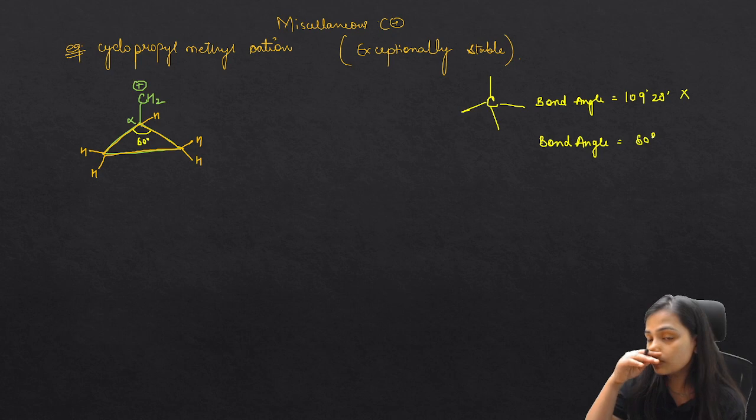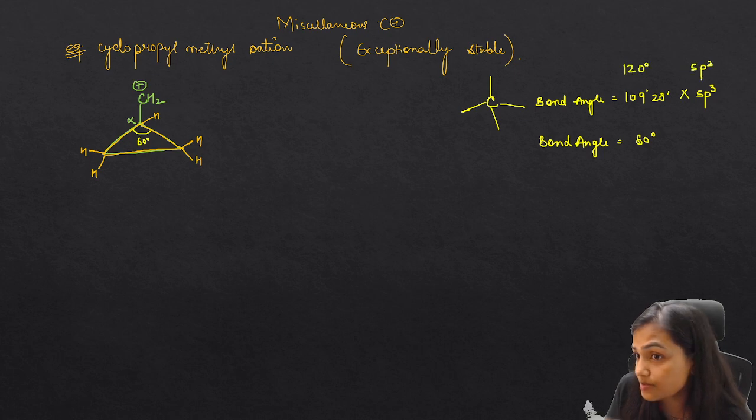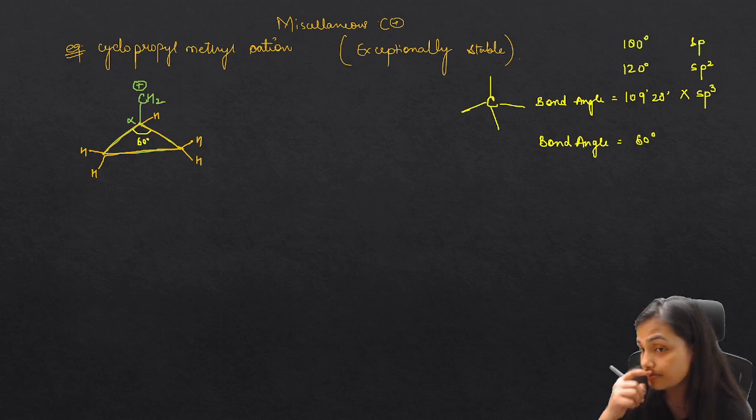For 109 degree 28 minutes, we know the hybridization is sp3. For the bond angle 120 degrees, the hybridization is sp2. For the bond angle 180 degrees, the hybridization is sp, right?